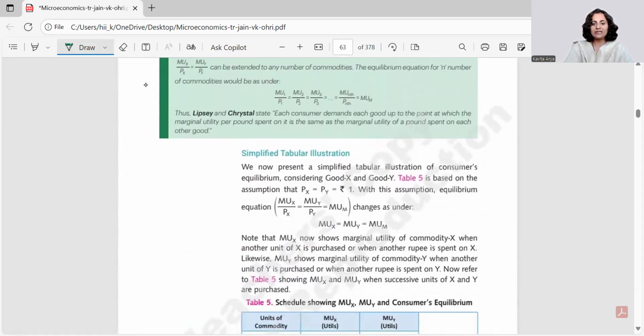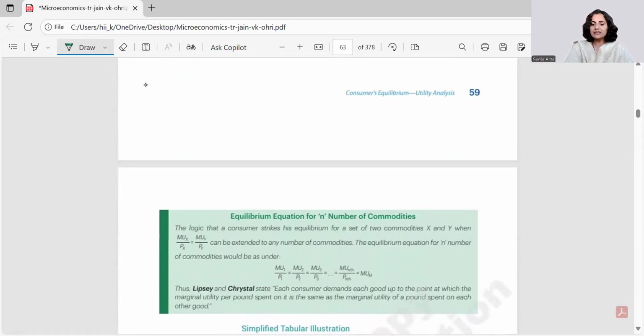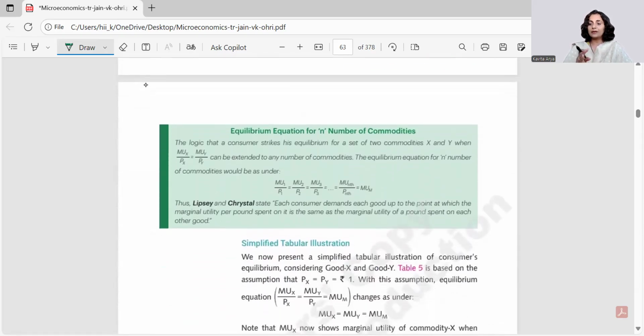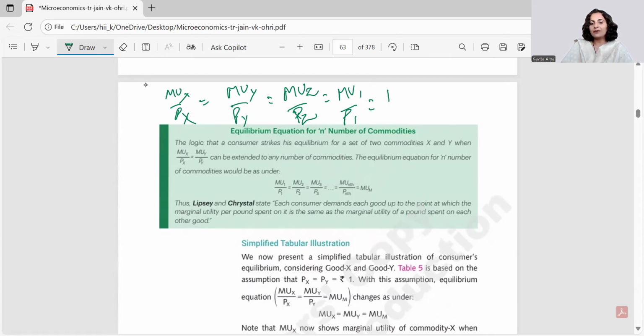So now my point is, this equation can be extended to 1, 2, or 100 things, and this is called the law of equimarginal utility. As we have written, MUX by PX is equal to MUY by PY. You may write it for n number of things, MUZ by PZ. You may write it for MU1 by P1, or MUA by PA.